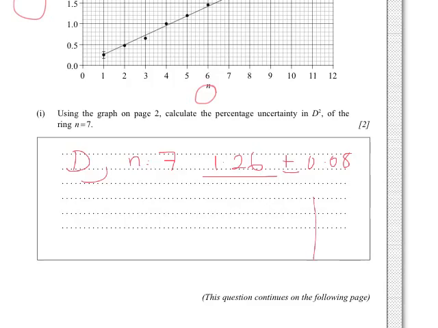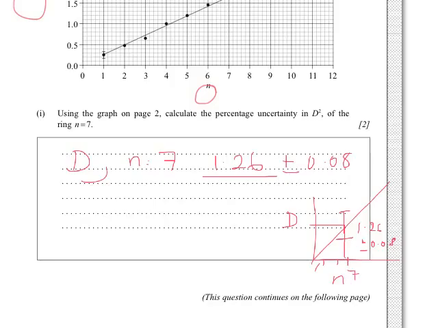So on your graph, find n equals 7, and the reading for d was 1.26, and the error bar was equal to plus or minus 0.08. So you can go back and check that if you have that in front of you.